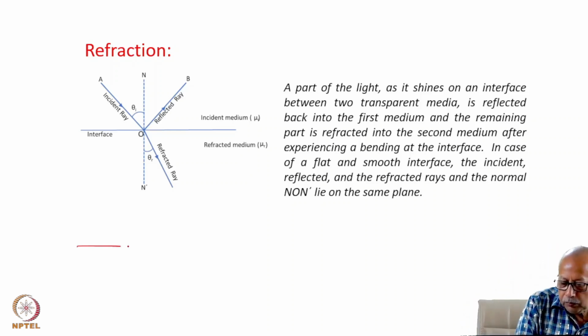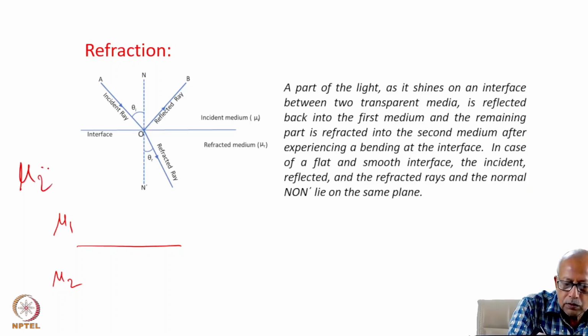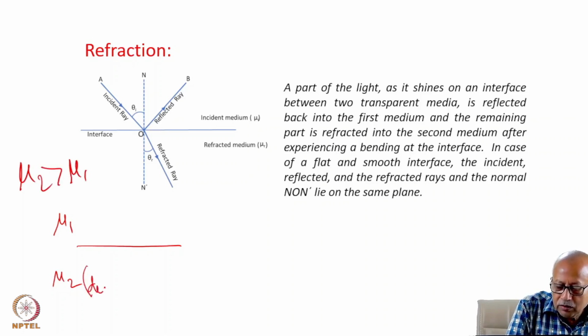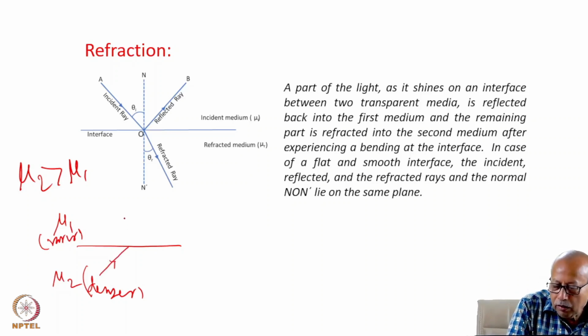Suppose we have two media, the refractive index of one medium is mu1, the other is mu2. And let us assume mu2 is greater than mu1. That means this is denser and this is rarer. Now light is incident from the denser medium. This is the normal.